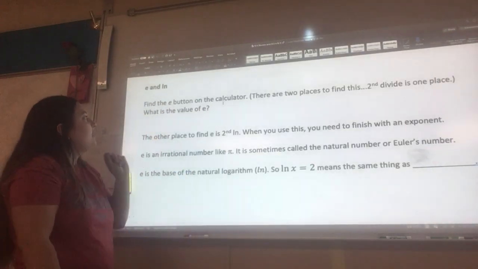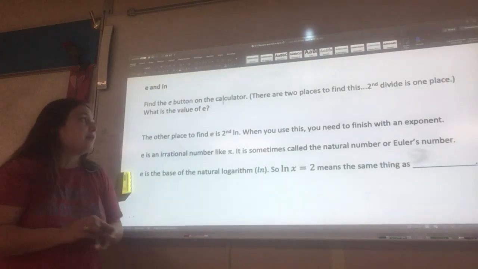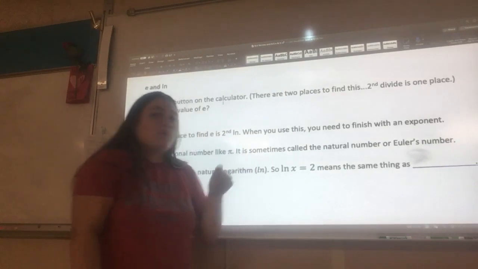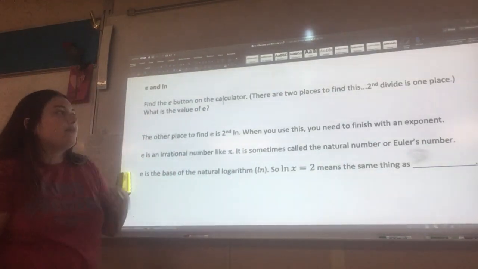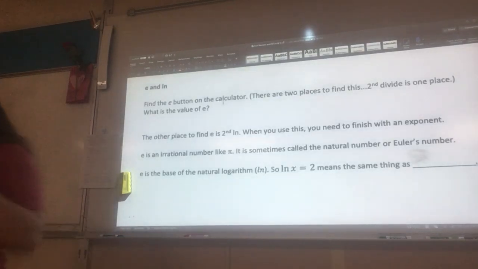But first, e. We need you to find the e button on the calculator. There are 2 places to find this. Second divide is one place, and I would like you to take a minute now and figure out what the value of e is.